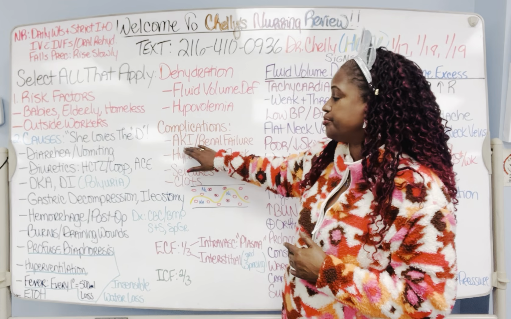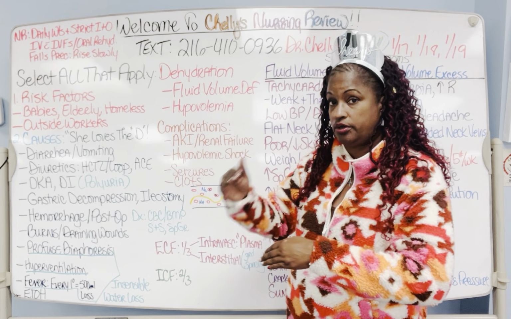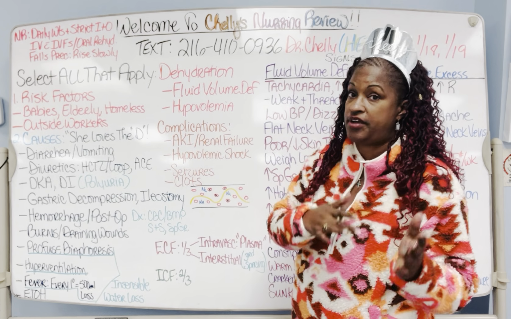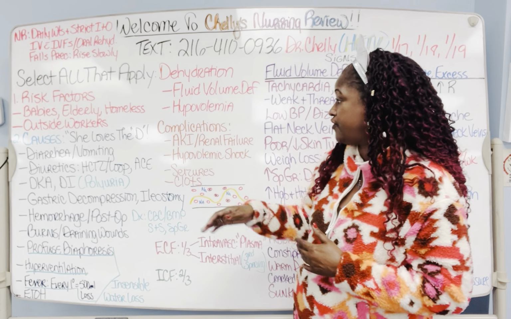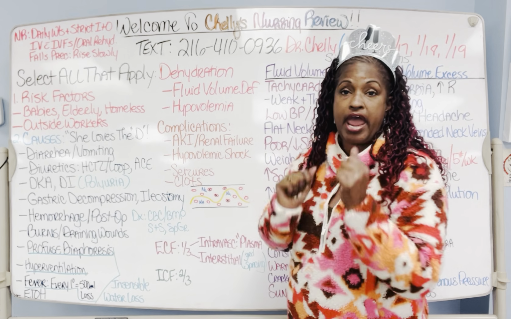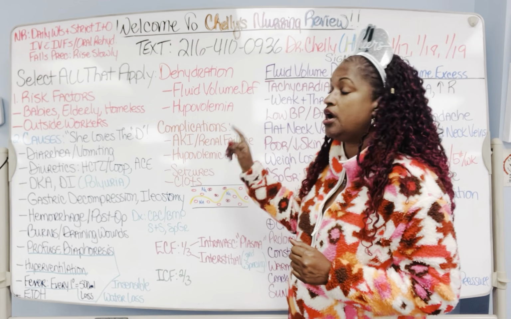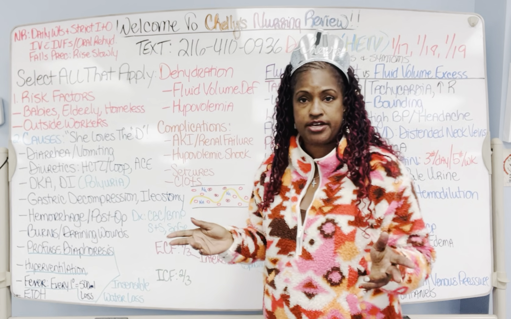It's acute because it's usually reversible. Chronic kidney failure is not, takes about 10 to 20 years to develop. Acute kidney injury happens right away when you are running around here dehydrated.